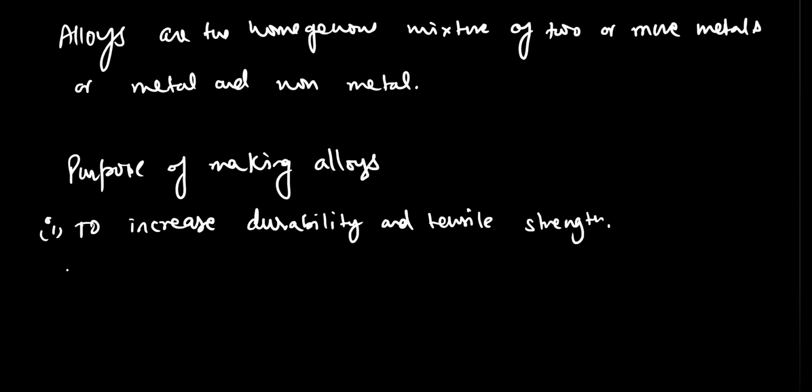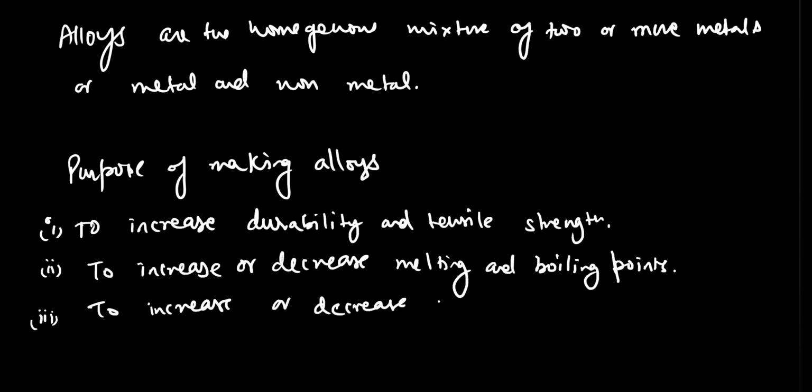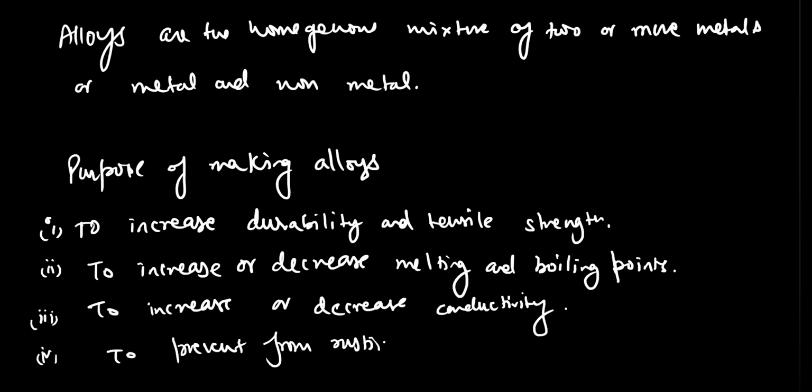The second one, to increase or decrease melting and boiling points. To increase or decrease conductivity. There are so many purposes, such as preventing rusting. So there are so many purposes for making alloys.